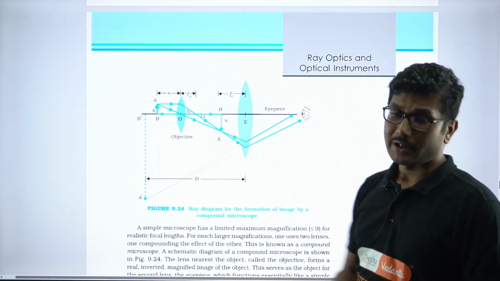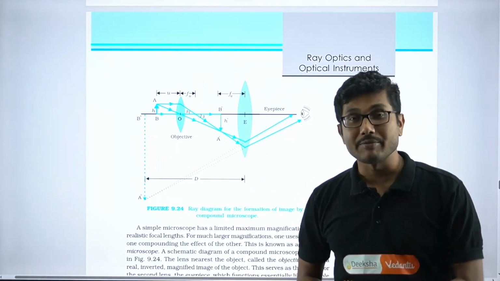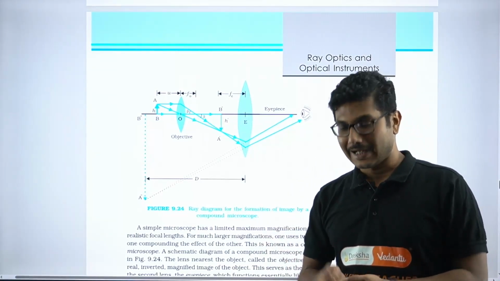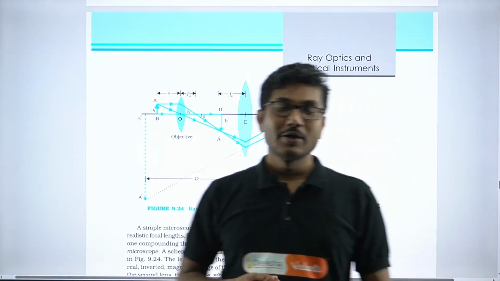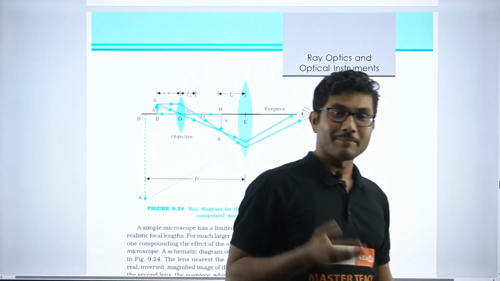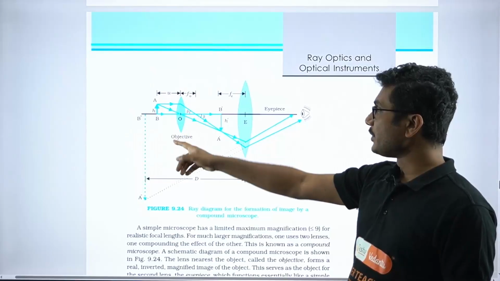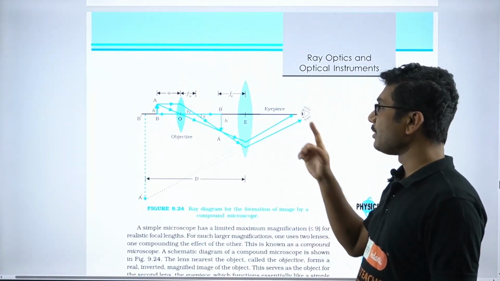In the case of a compound microscope, you have used it in your biology lab if you are a bio student, the microscope you use to see the inside of onions, the cuttings of a stem. This is a compound microscope where you have an objective lens and an eyepiece.